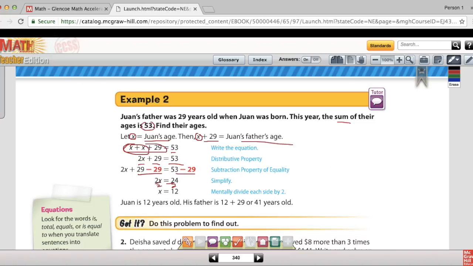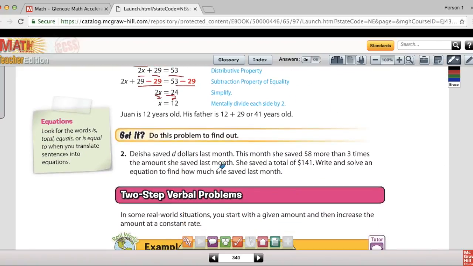Let's take a look at one of those examples. Deisha saved D dollars last month. This month she saved 8 more than 3 times the amount she saved last month, and the total was 141. So we're going to just say D is last month.